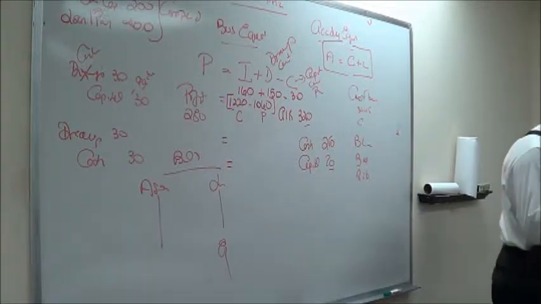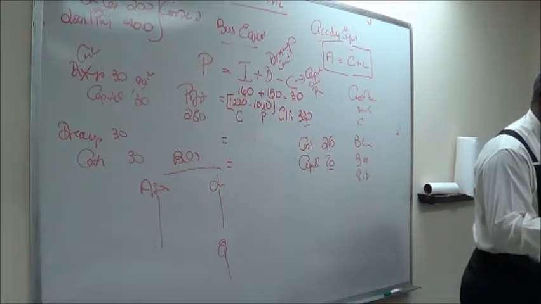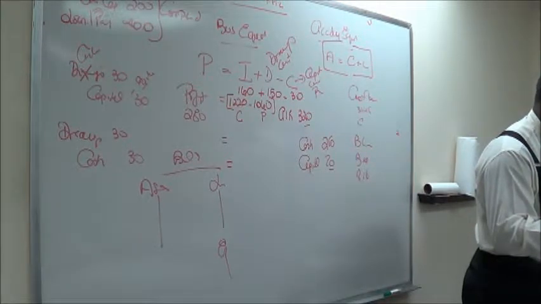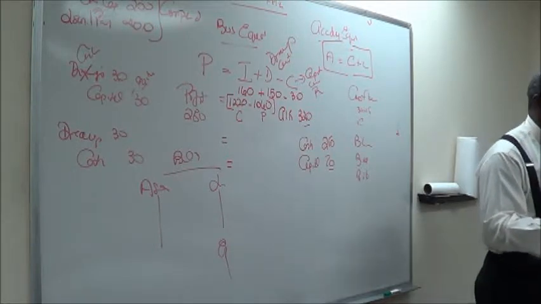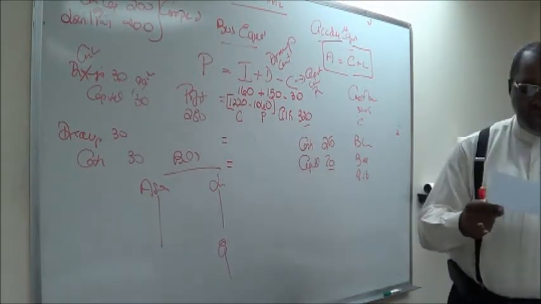Oh my goodness. Okay, D. What's happening in D? After the purchase of goods for $550 paid in cash and $100 on credit. So $550 paid in cash for the purchase of goods and $100 on credit.